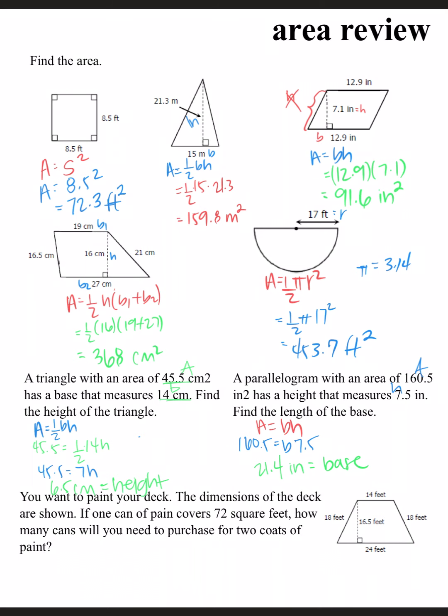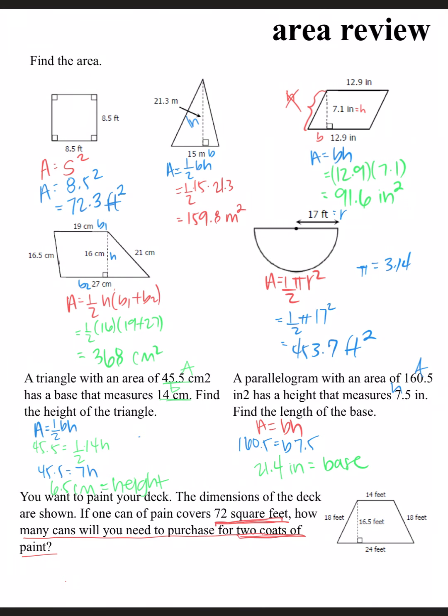This last question here, you want to paint your deck, and here's the image of your deck. The dimensions of the deck are shown. If 1 can of paint covers 72 square feet, how many cans will you need to purchase for 2 coats of paint?